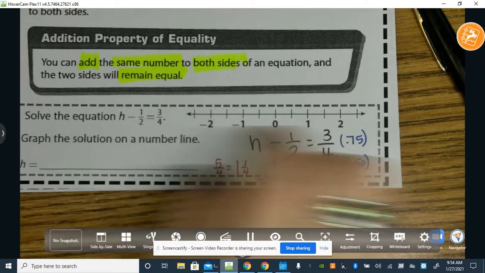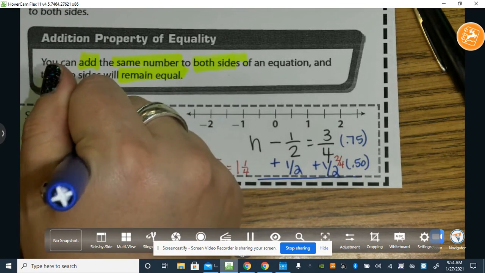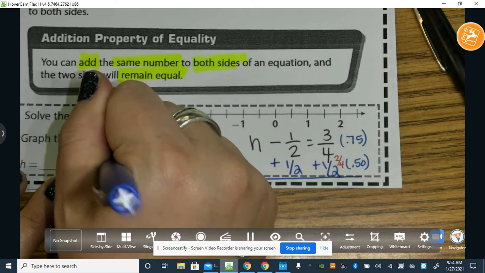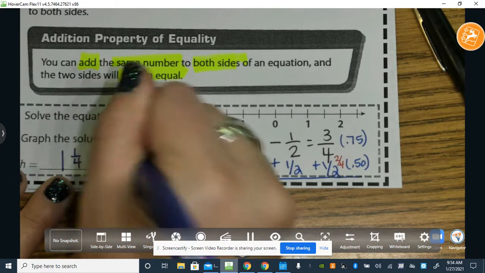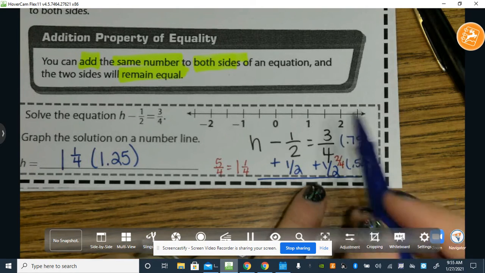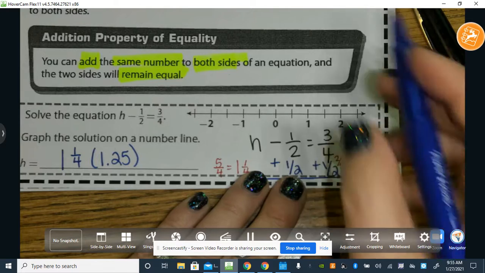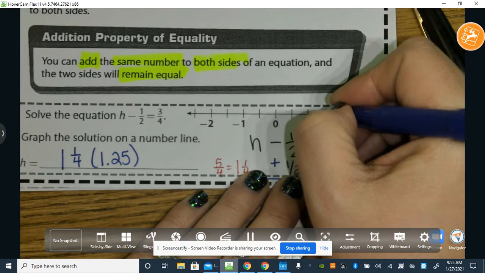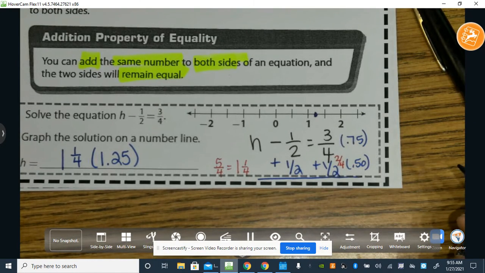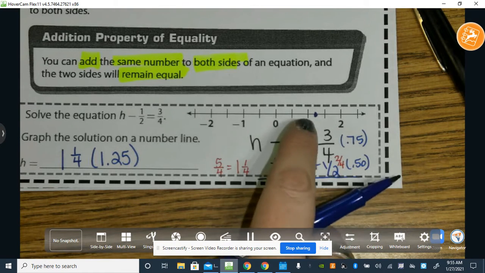So my h is 1 1/4, or 1.25. Both of them are the same. So when I graph this, I'm going to look at 1. This would be a half, and it's in the middle between 1 and 2. So that's where my dot's going to go, and that's graphing the solution.